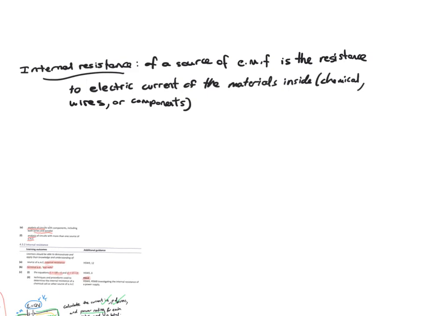In a lot of questions, you might see that the internal resistance is negligible, meaning that there's no internal resistance that will affect our calculations. But in certain questions, it will make it very explicit that you do have internal resistance, and then you will need to be able to analyze that.